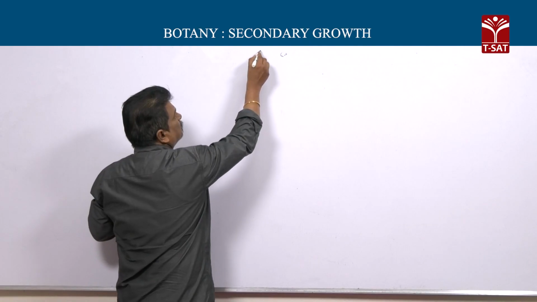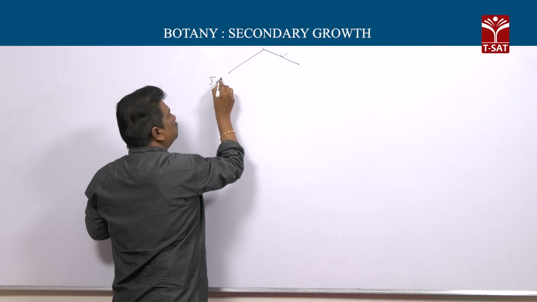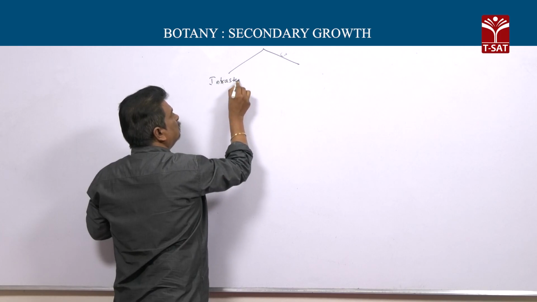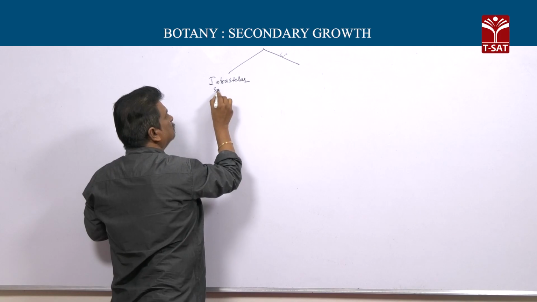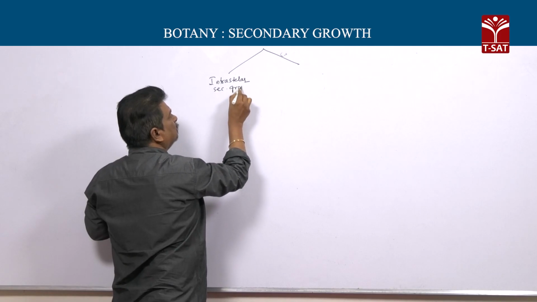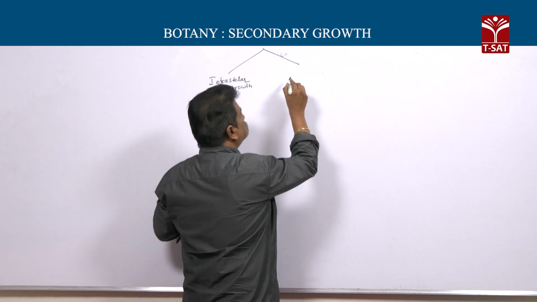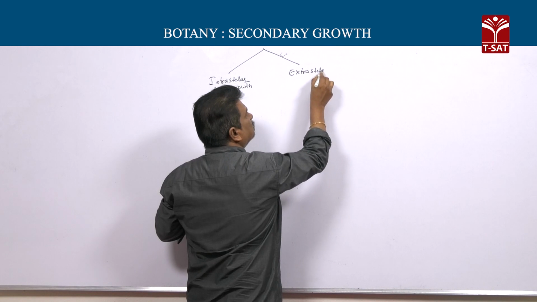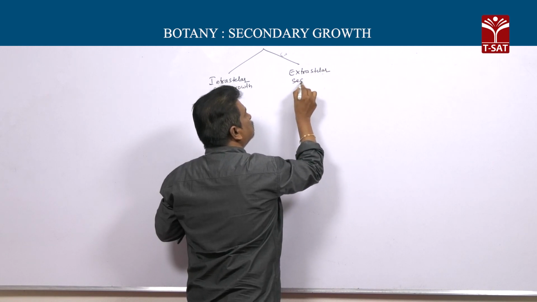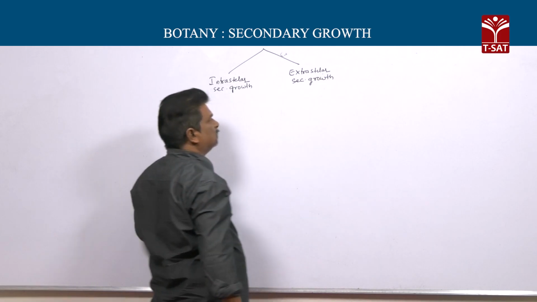That too, in stems, secondary growth occurs in two parts. One is within the stele, it is called intrastellar secondary growth. Then second one, outside the stele, this is called extrastellar secondary growth.